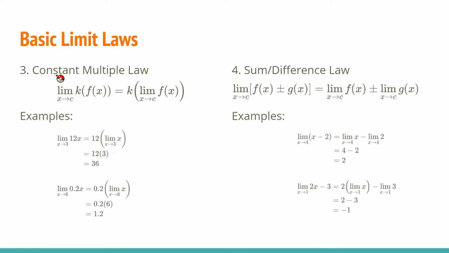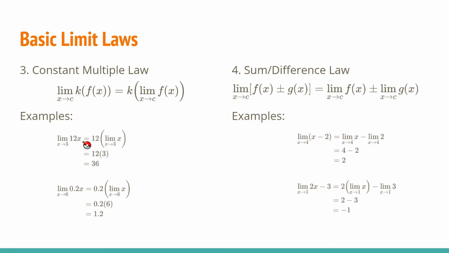For the constant multiple law, the limit of k times f of x as x approaches c is equal to k times the limit of f of x as x approaches c. So basically, we just move the k, and then we find the limit of f of x.